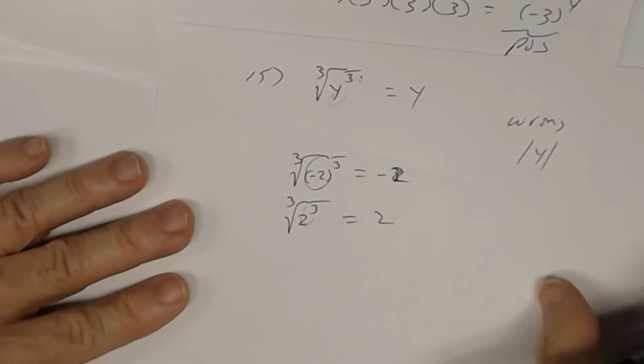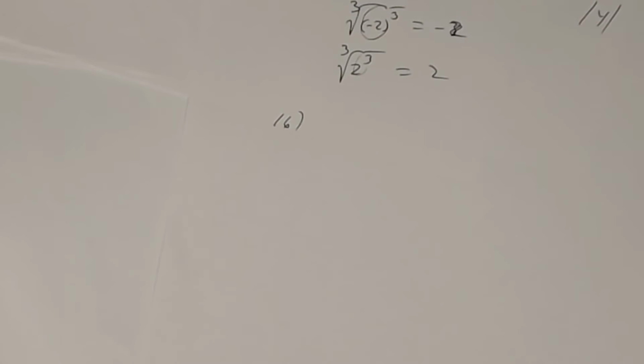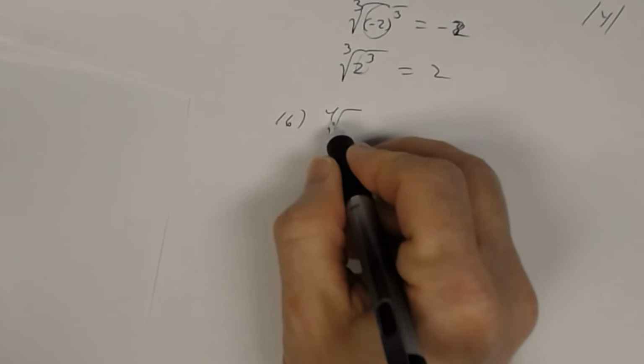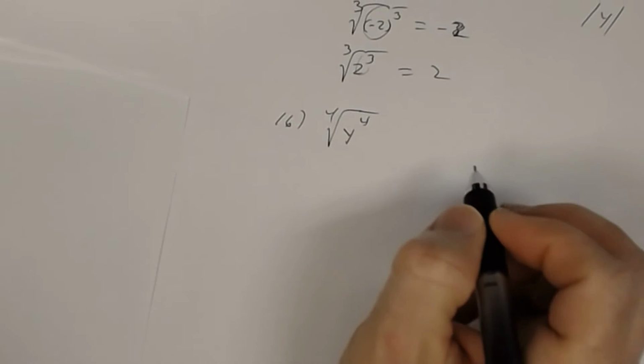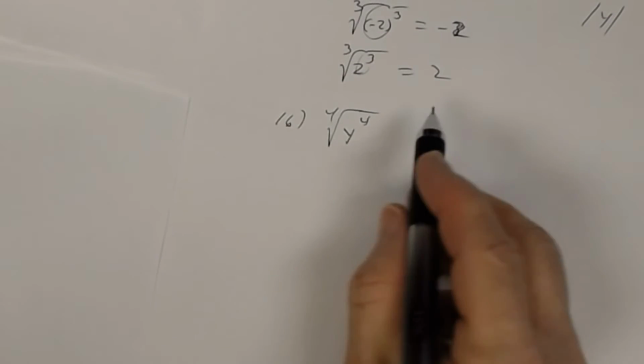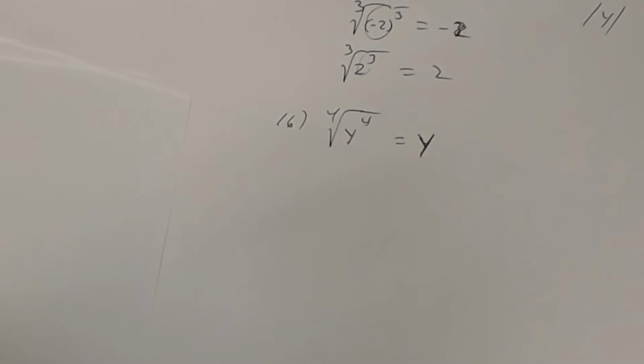All right. Now let's look at this, number 16. Suppose I had the fourth root of y to the fourth. Now that's where you have to be careful, because remember, this is even now. So the question is, is the answer just y? Well, let's think about this.